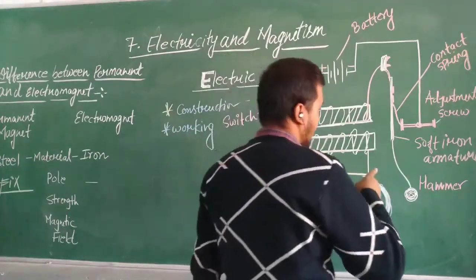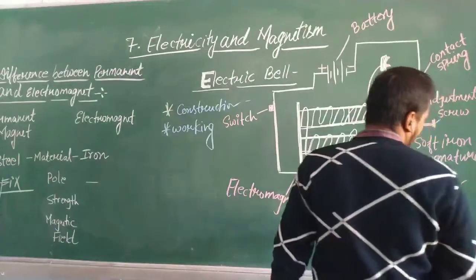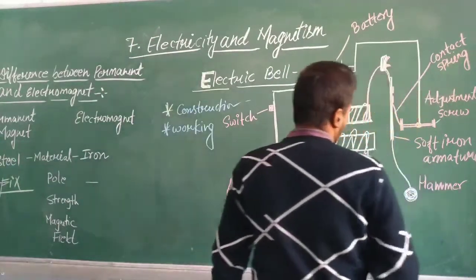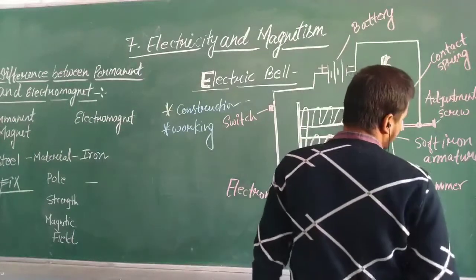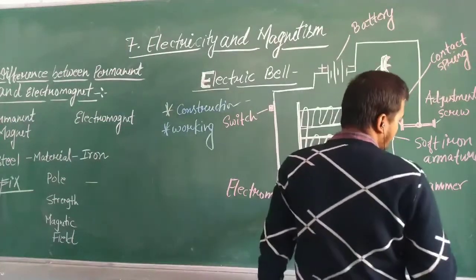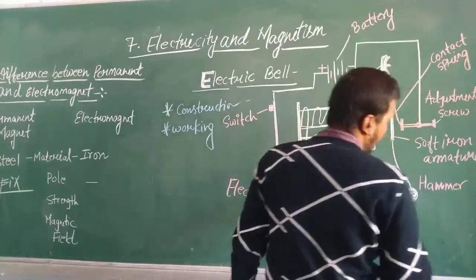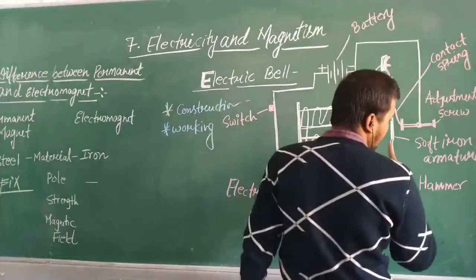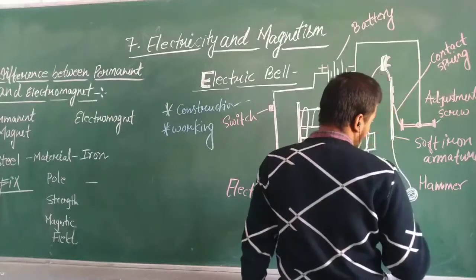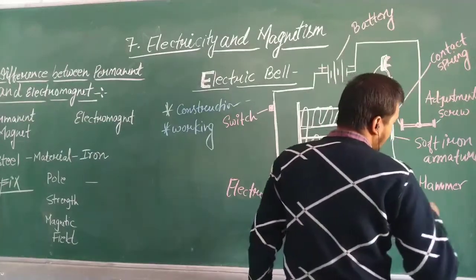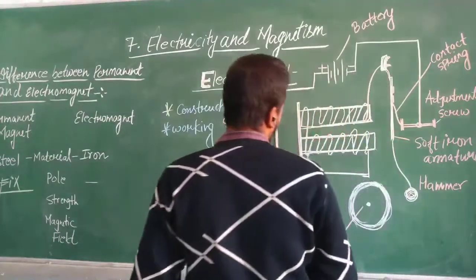Okay. Once the circuit completes, current will flow in the circuit. The electromagnet starts behaving like a magnet. Then what will happen? The magnet attracts the armature. When the armature moves towards the electromagnet, the hammer contacts the gong, and then sound is produced.